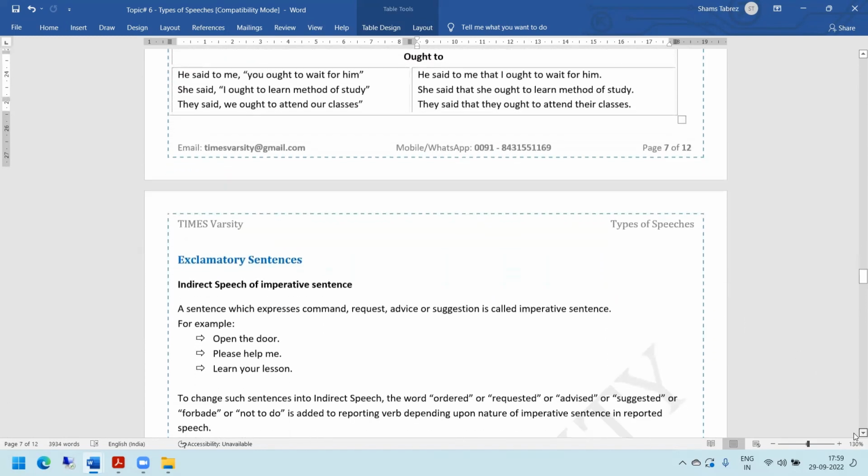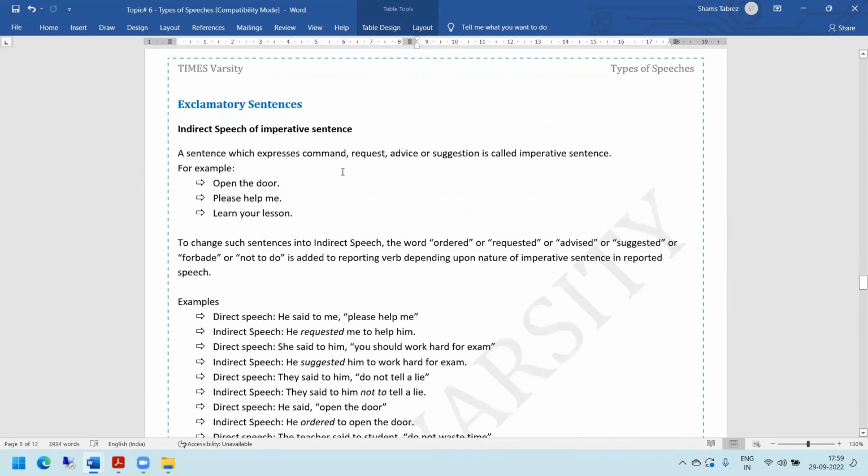Now we have exclamatory sentences. So, indirect speech of imperative sentence or exclamatory sentence. A sentence which expresses a command, a request, advice, or suggestion is called an imperative sentence. For example, open the door. Please help me. Let's learn your lesson.